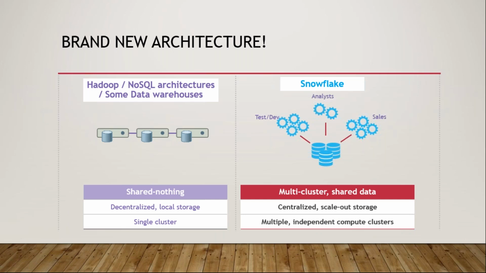Scale-out storage is a very helpful feature in the Snowflake architecture, because you can scale out without any issues, without downtime, and without relying on any external dependencies. You can scale out as easily as possible.